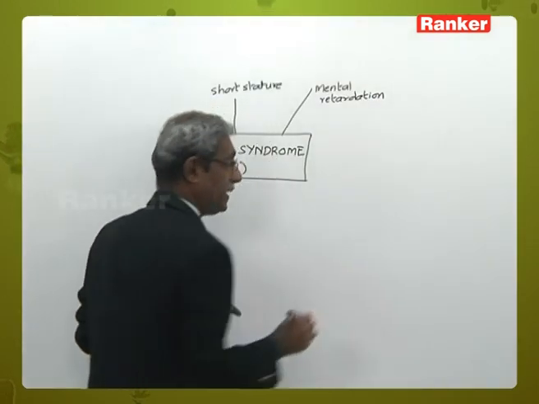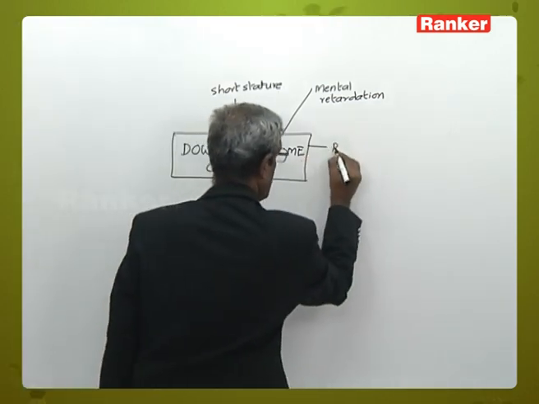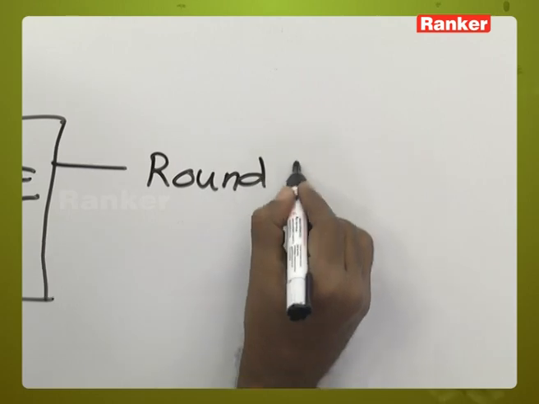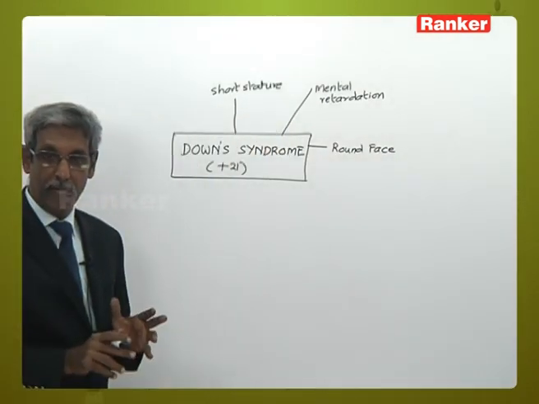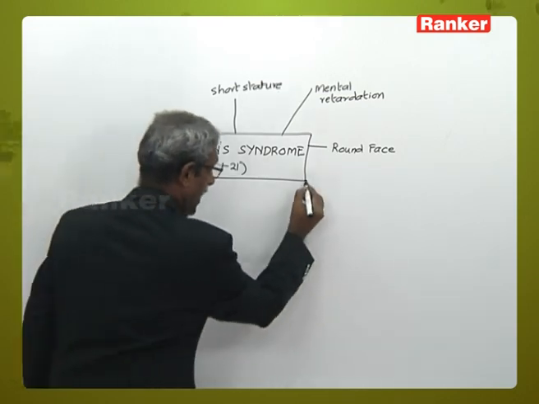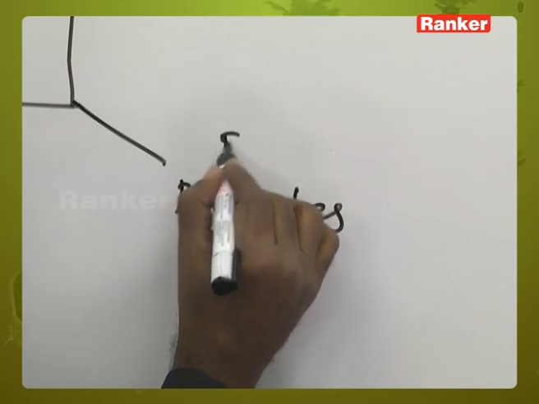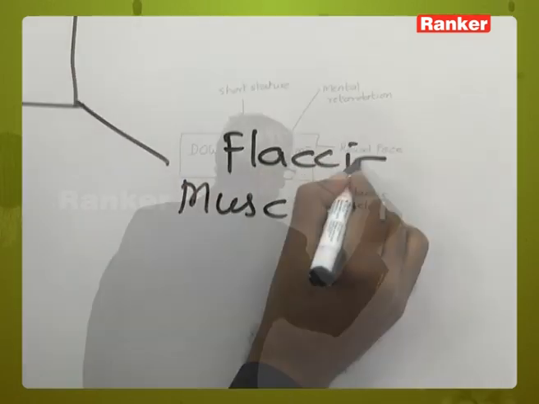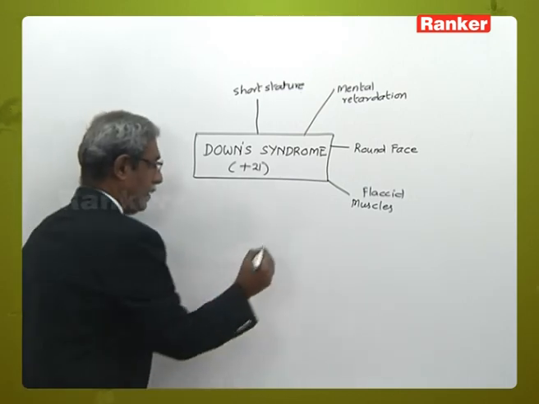They have a round face and a broad head. Muscles are flaccid. Small ears.